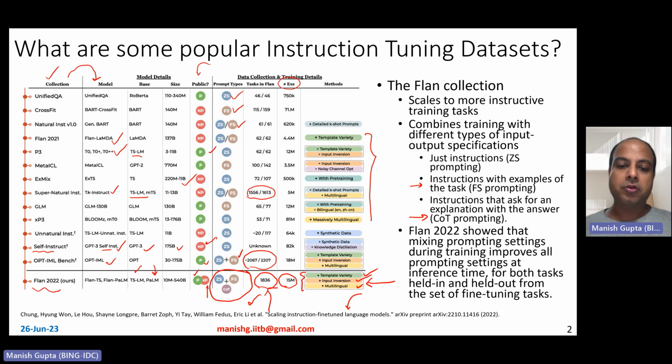So at inference time also, you could basically have few shot prompts or chain of thought prompts. And they have shown that, yes, if you train on a mixture of few shot, zero shot, and chain of thought prompts, then you get very good inference time results for few shot as well as chain of thought prompting settings, both on held in as well as held out kind of tasks.